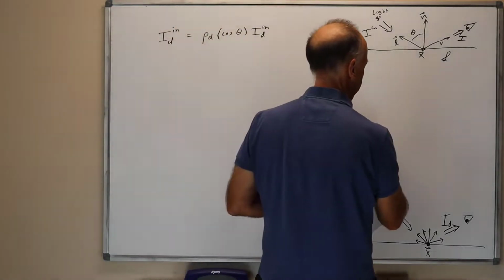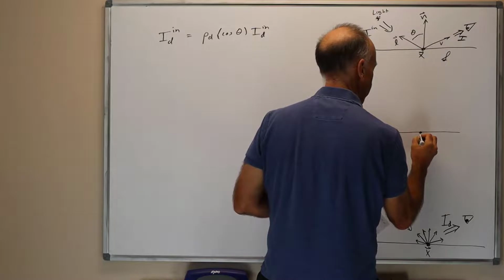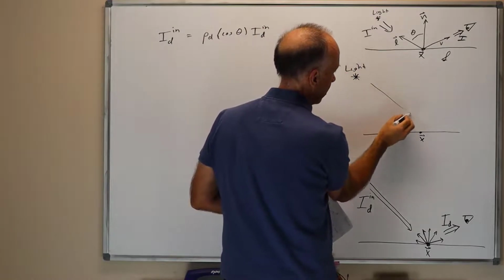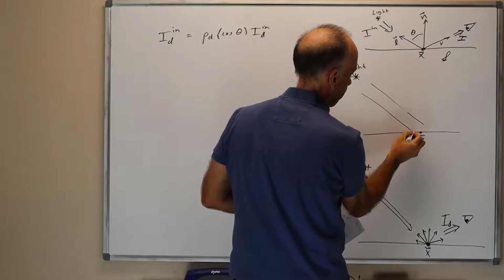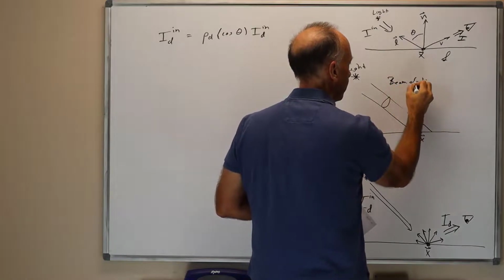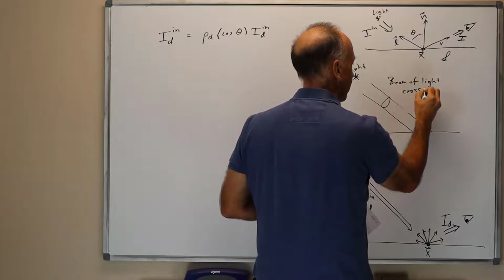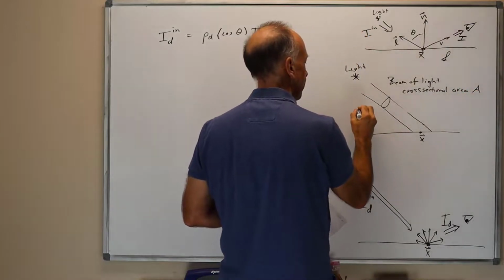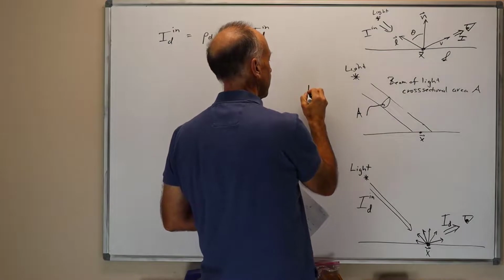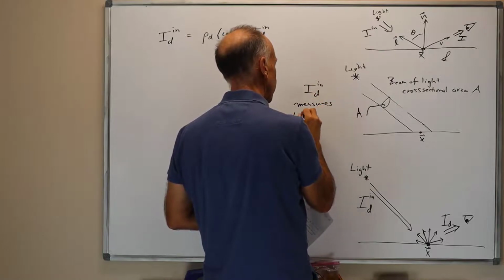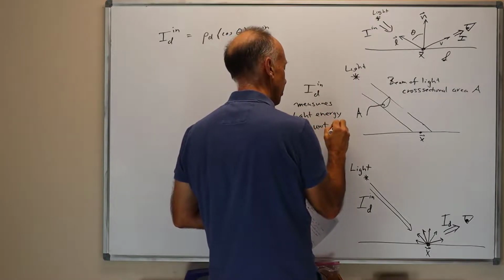To do this geometrically, let's draw this as a beam of light coming in towards the point X. Here's our light source, and think of a circular beam of light that's coming in towards the point X. And this circular beam of light has a cross-sectional area equal to A. And so the intensity, I in D, this measures the light energy per unit area, or the number of photons per unit area of the beam, if you wish.